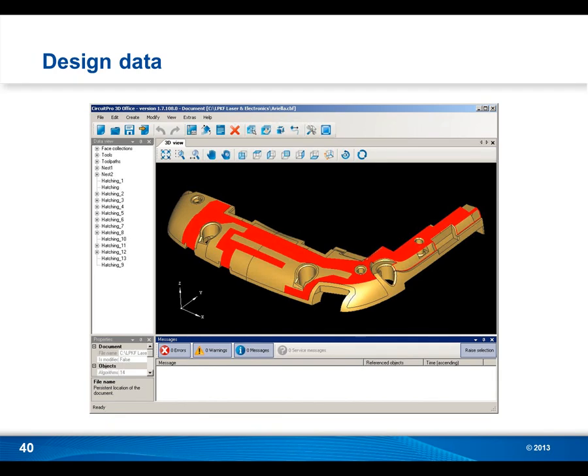Gotcha. Thanks, Stefan. A question coming in from John, who says, what is the typical NRE and tooling costs? Oh, that's very dependent on the part itself, but an NRE in a production environment would take you into the mold also.